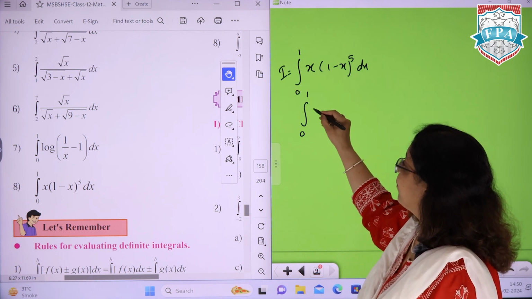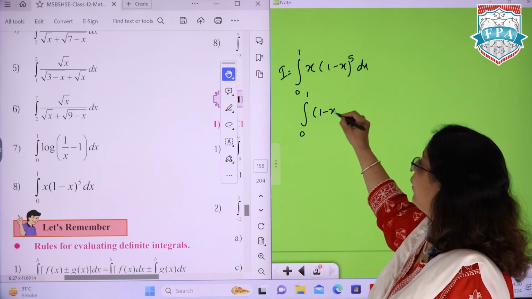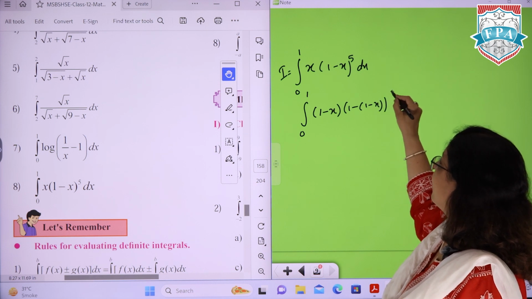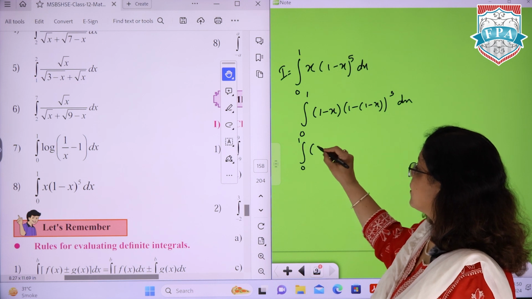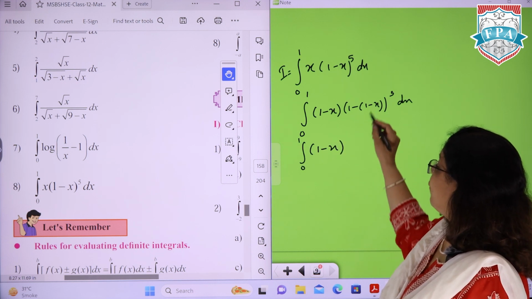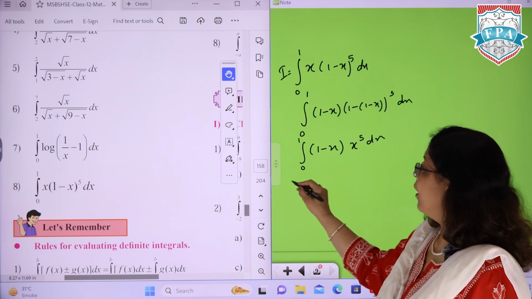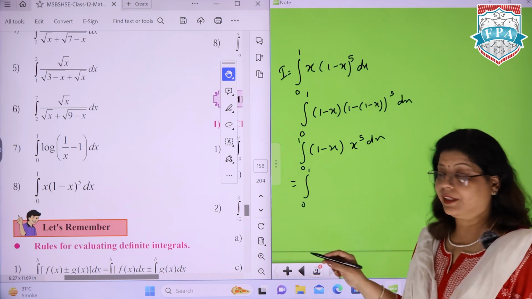We'll use the formula 0 to a f(a minus x). So this will become 1 minus x and this will become, instead of x, write this term. So now the answer is, this is 1 minus x, and when you open this, it is x to the power of 5 dx. So you'll get 0 to 1, multiply, open it to get the answer.